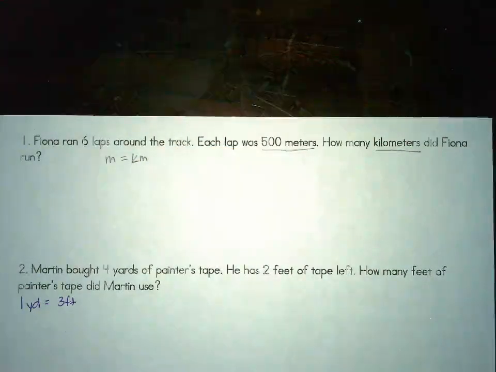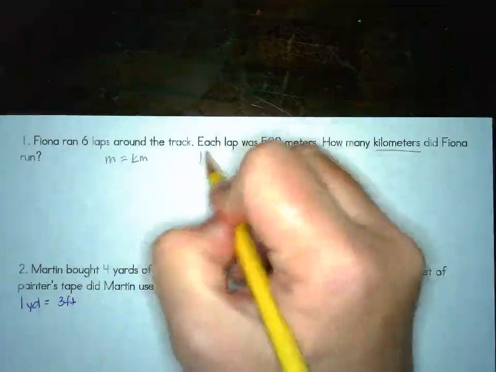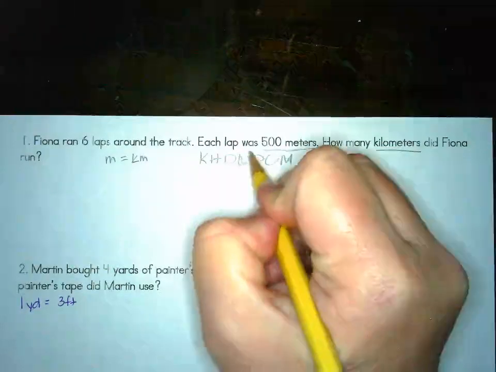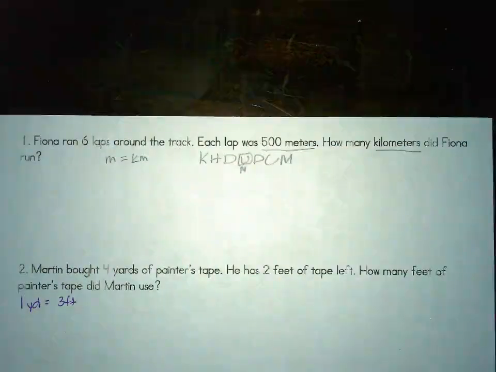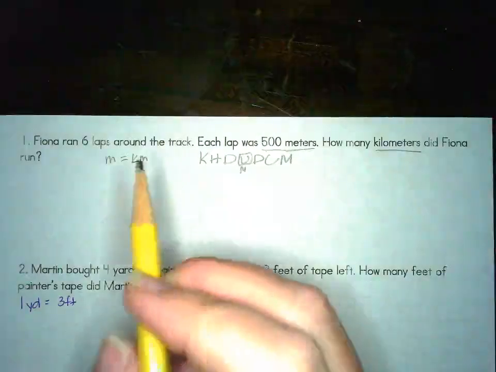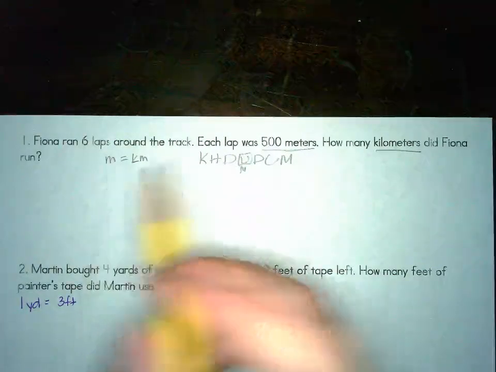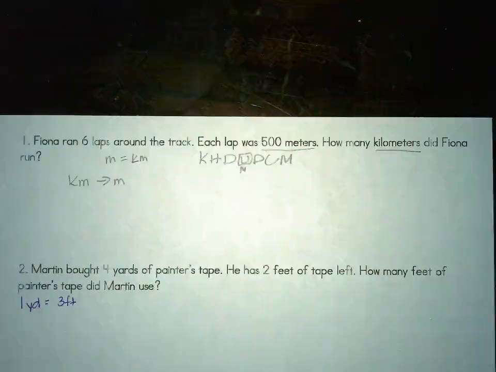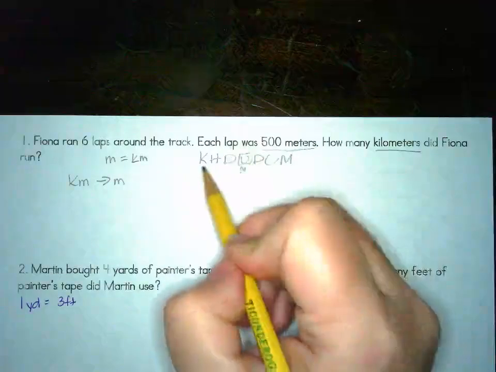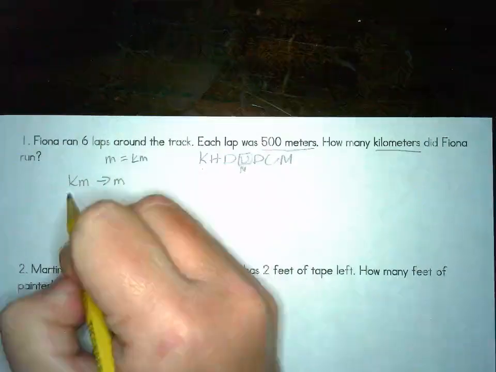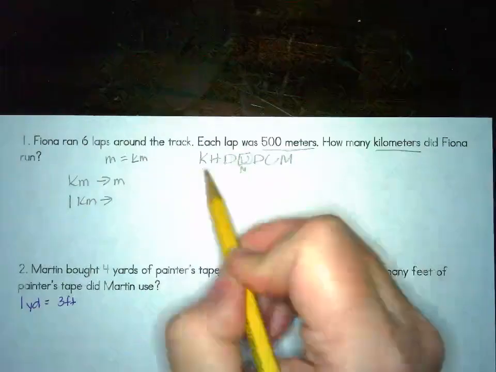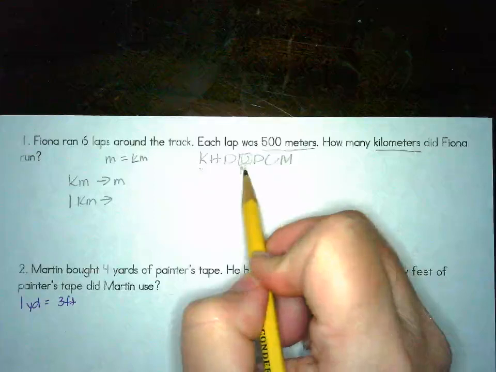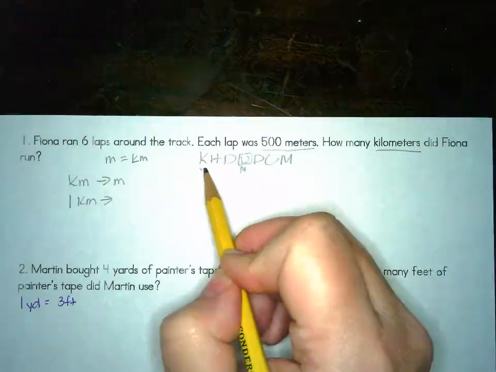So I'm going to start by writing my favorite acronym. King Henry doesn't usually drink chocolate milk. And my unit is meters, okay? So I need to figure out how many kilometers are in a meter. If I look at my acronym, I know that 1 kilometer, remember we're going to move from a larger unit to a smaller unit, so we're going to multiply.